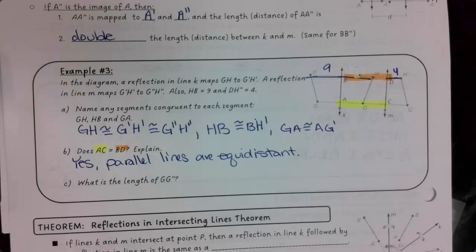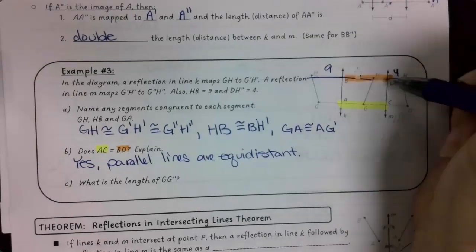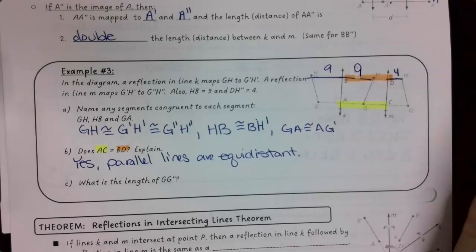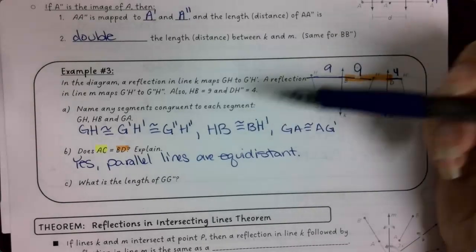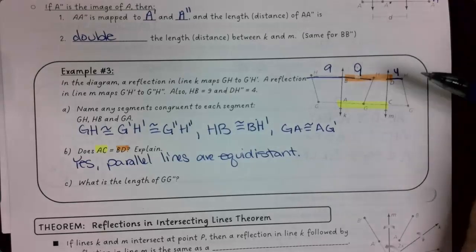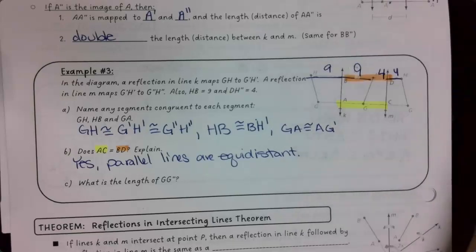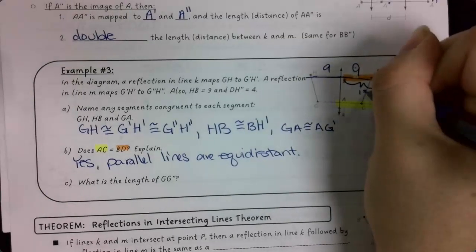And my final question is, what is the length of G prime G double prime? So first thing I want to do is figure out the length of this orange piece I highlighted. Because HB is 9, I know that BH is also 9 because those two are congruent. And then DH double prime is 4, so H prime D is also going to be 4. So this entire orange piece is 13.